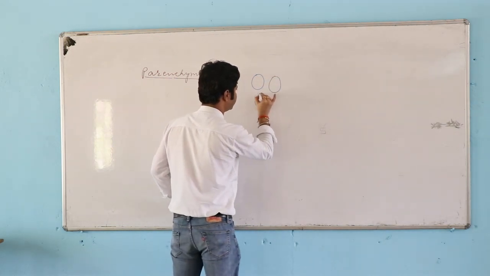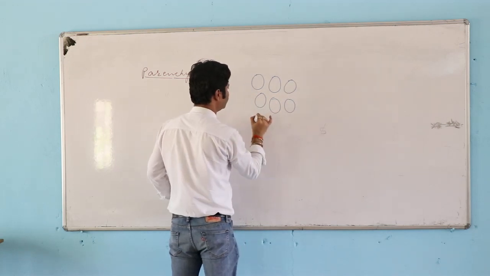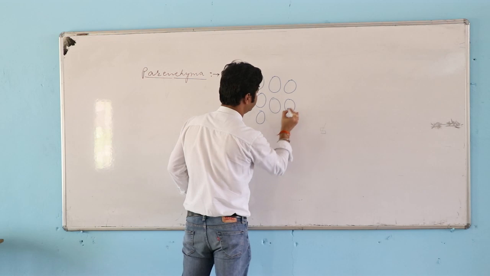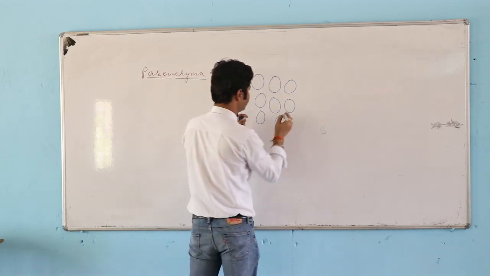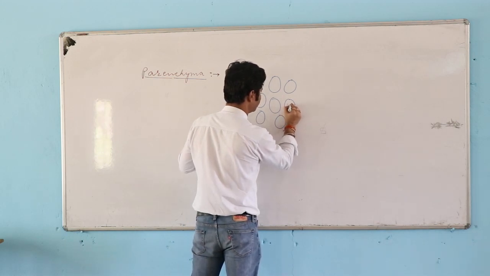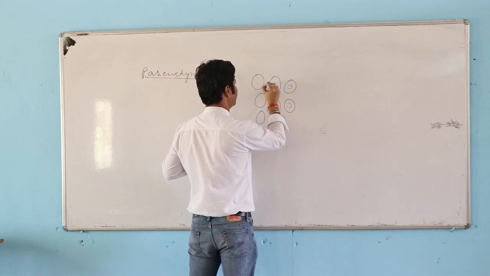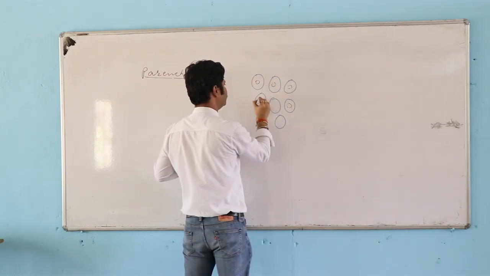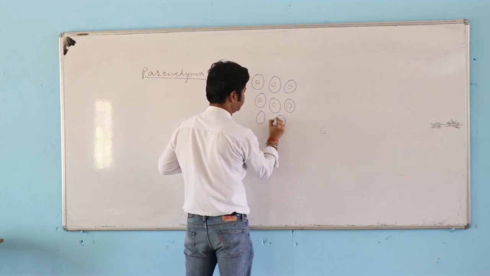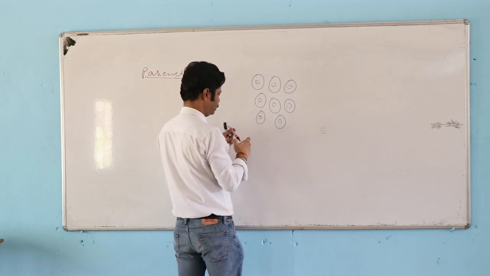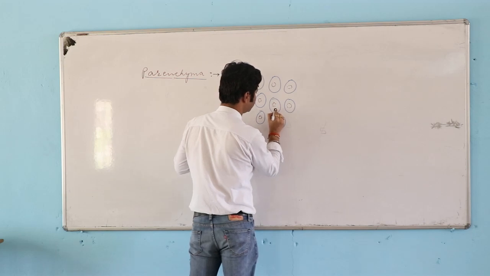Parenchymal cells are oval, rounded, polygonal in shape. Central vacuoles are present in it. Nucleus.